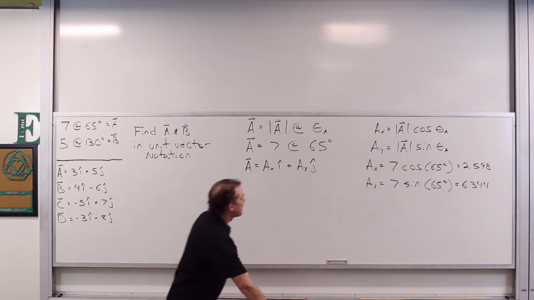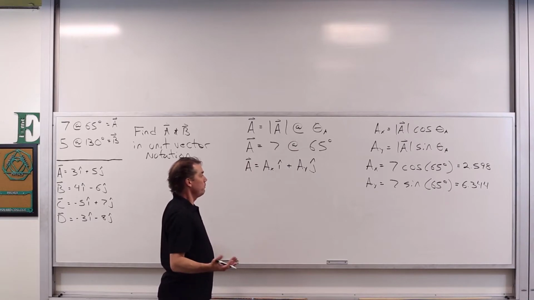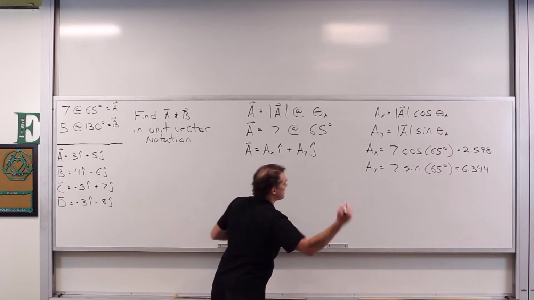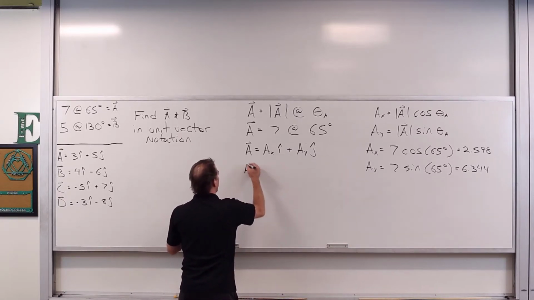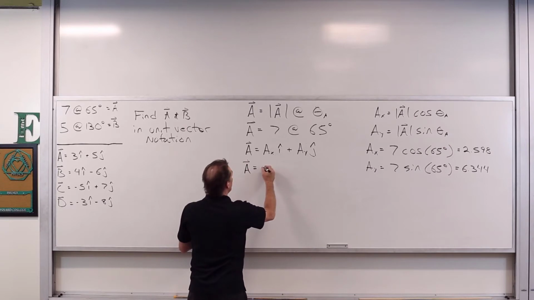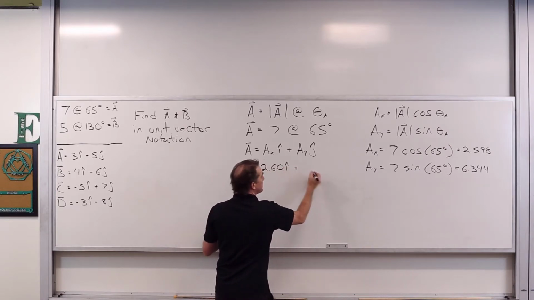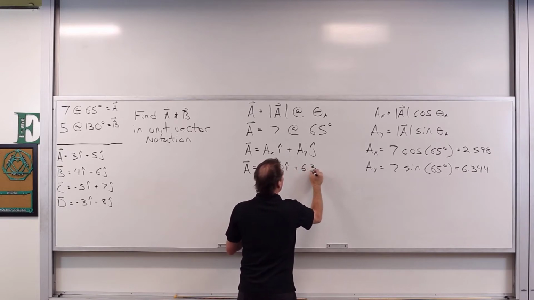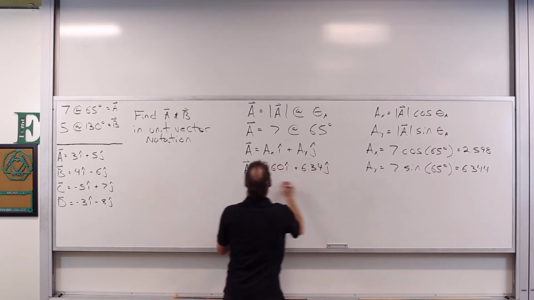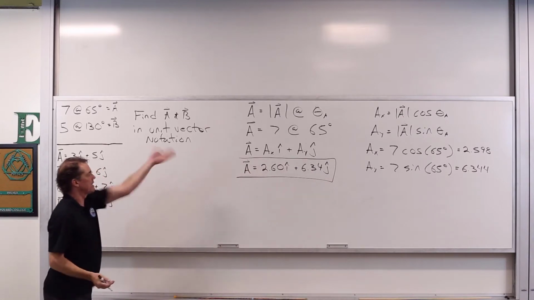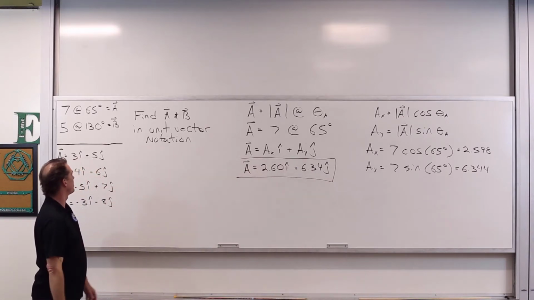So this is what we get out of this. Final step, write it in this form right here. That's the x component, there's the y component. We'll take this to 3 significant figures and we can write that A hat is equal to 2.60 i hat plus 6.34 j hat. And there we go. We've taken it as a magnitude and direction, written in unit vector notation.